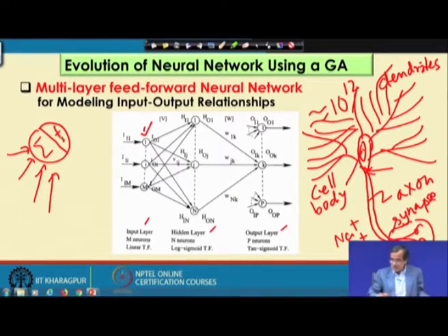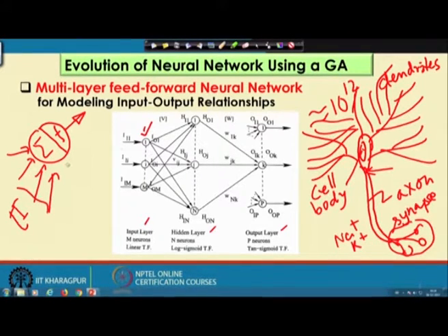This transfer function helps to pass the information through the synapse from one neuron to the next neuron, and I will be getting some output here. So, the moment I pass the set of inputs, it will pass through the summing junction and the transfer function, and here I will be getting the output.